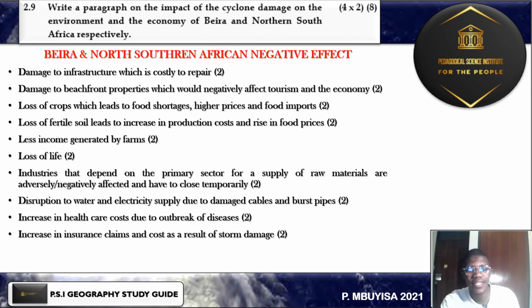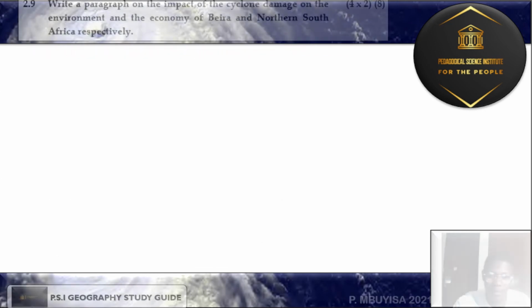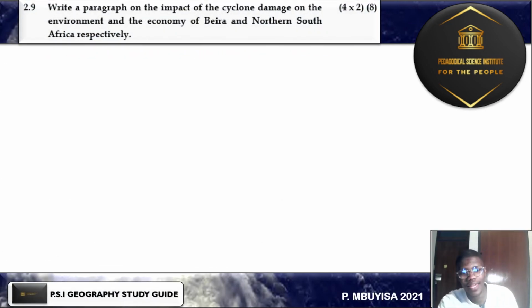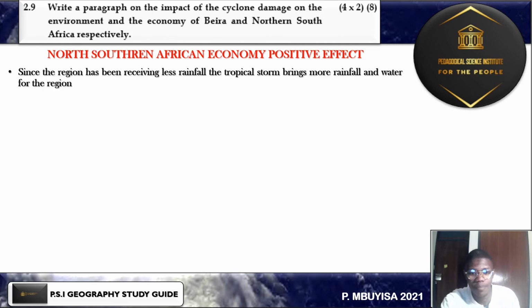There will be an increase in insurance claims and costs as a result of storm damage, which may affect the economy negatively. There will be job losses, so people may be unemployable. And again, we can think about some of the positive impacts that are specific to the northern South African economy.